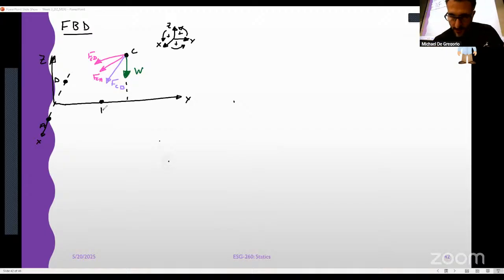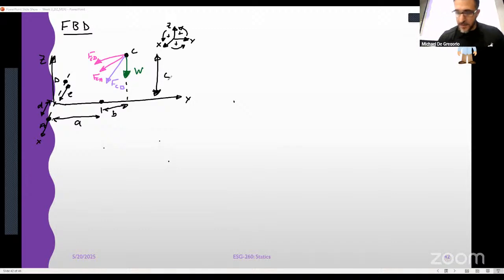The next thing that we need to do is show our distances. This is the distance B, from here to here is our distance A. From here to here is distance D, and from here to here is the distance E. All the way up from the y-axis to C is the distance C. Those are all given. I'll write them down over here. So what do I know?